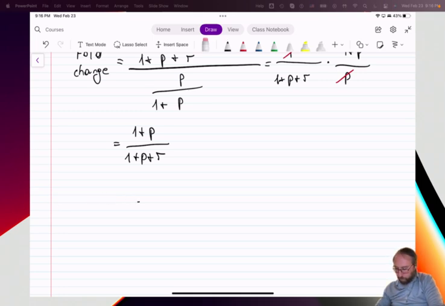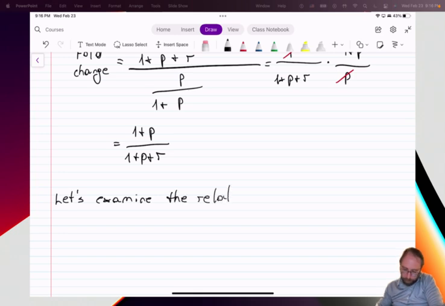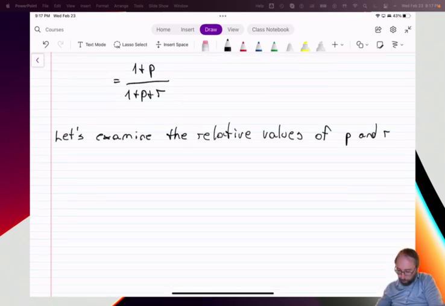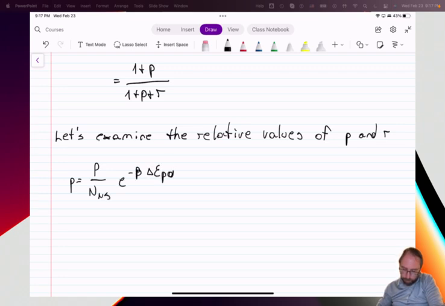Or actually, instead of an assumption, let's examine the relative values of P and R. Okay, so P, remember, is big P over N_NS e to the minus beta delta epsilon PD.